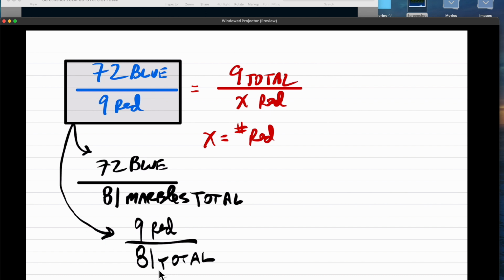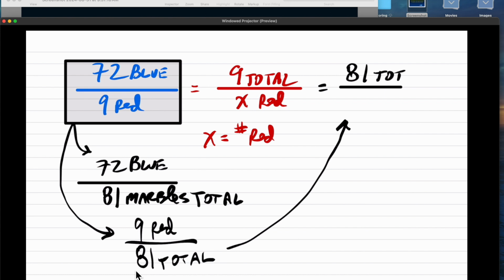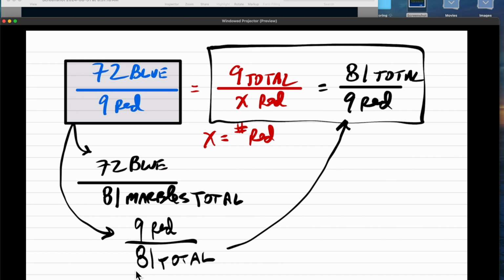So now what we're going to do is we're going to take this bottom fraction here, this ratio here, and we're going to say that for every 81 total, there are 9 red. And we're going to use this setup to answer the question. And what we're going to do is we're going to do 9 times 9 divided by 81. So that's going to be 81 divided by 81. So in this scenario, there would be 1 red marble.